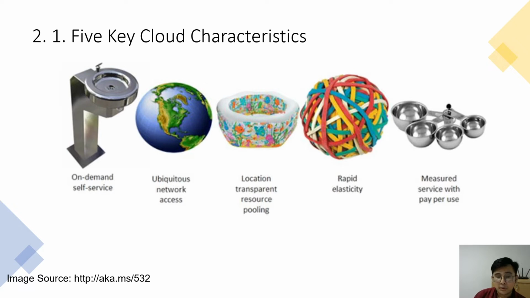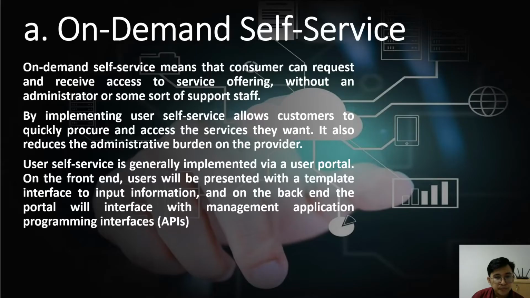We will learn about it more later, but for this time we are going to also focus on the 5 key cloud characteristics, the fourth one being rapid elasticity, and the last one being measured service with pay per use. So we are going with on-demand self-service first.